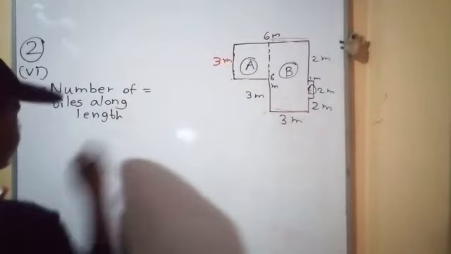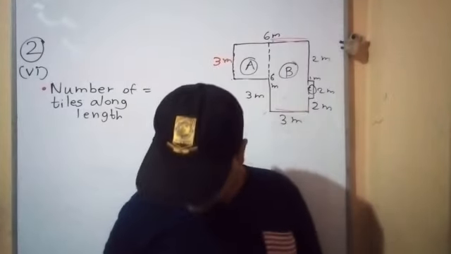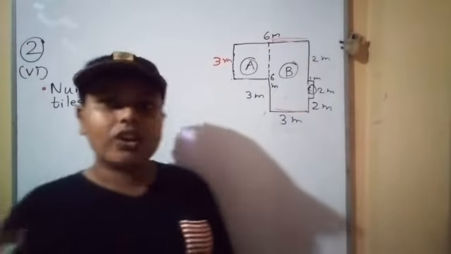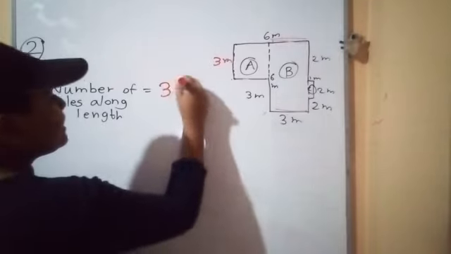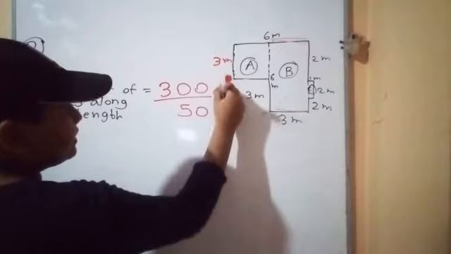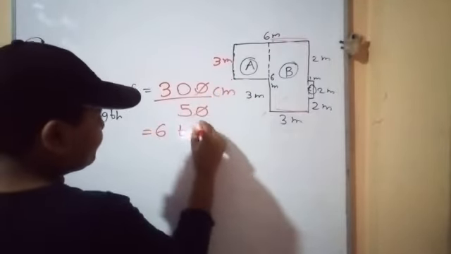How? Now, you know the length is 3 meters. So you want to convert this into centimeters. That means 300 centimeters. Divide from that 50 centimeters. What is the answer? 6. So, 6 tiles for length.